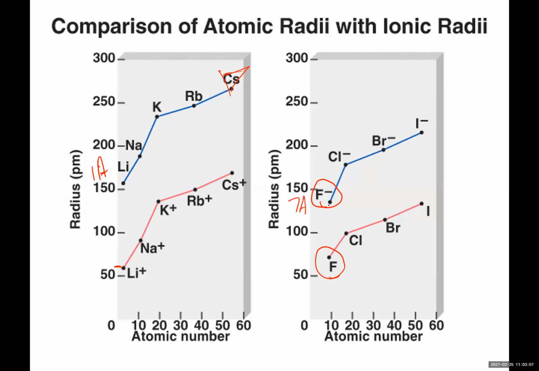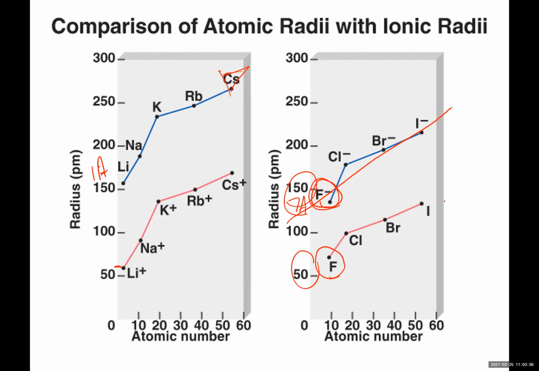So do you see, fluorine is getting larger when it becomes fluoride, almost by a factor of 3, 50 something versus 150 or 140. And the same pattern is observed: anions are always larger than their neutral atom because they gain electrons.